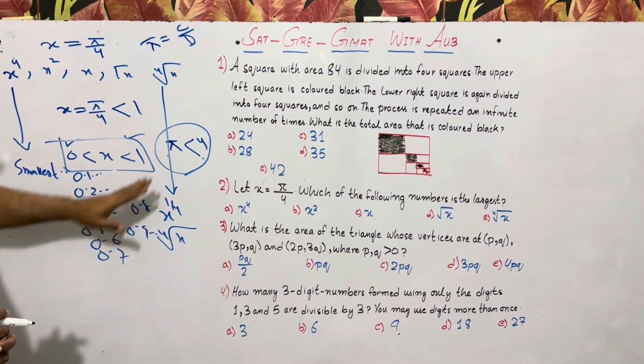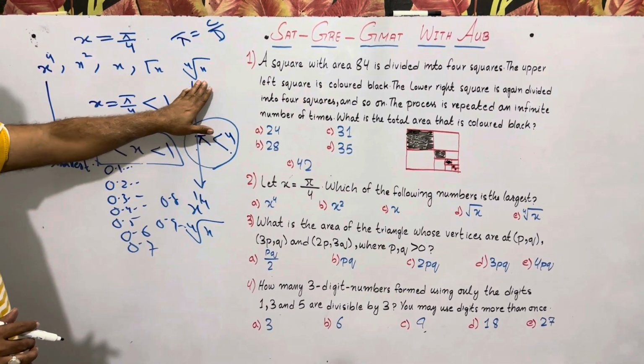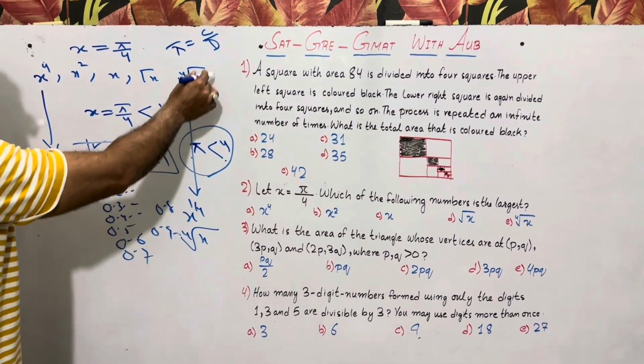So in that case, the fourth root of x is greater than each and every number. This one is the greatest.